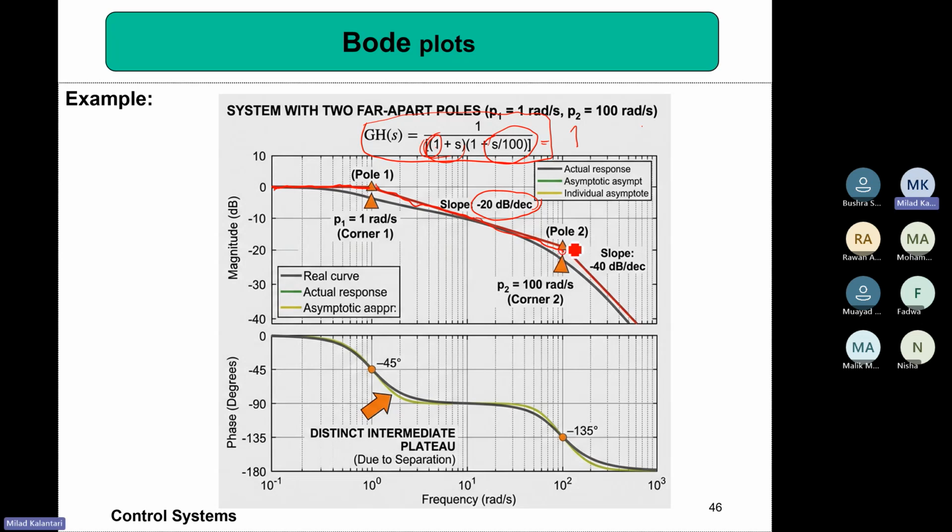When we reach the second pole, the effect of the second pole also comes in, and it adds another 20 dB per decade drop. The second pole is added to the first 20 dB per decade, and then the amplitude drops more sharply, right? So this is what we need to plot first.